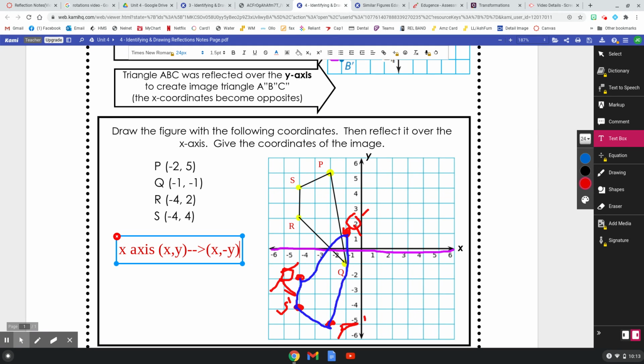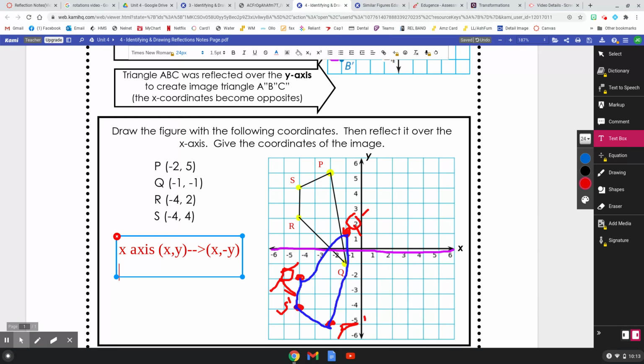So that's how we say that. X stays the same, y is the opposite. So x, negative y. So anytime it asks you for the algebraic expression of over the x-axis, it's x, y: x stays the same, y is opposite.